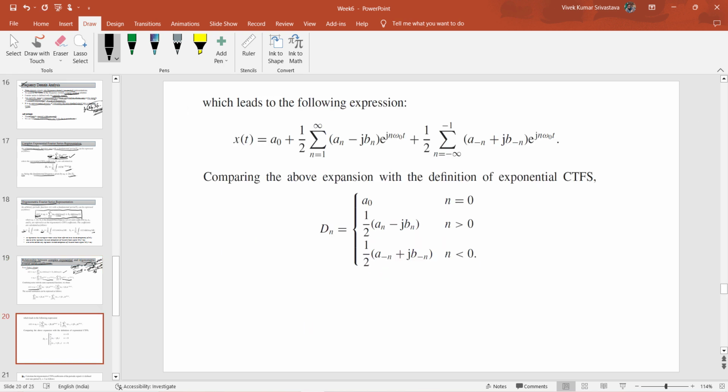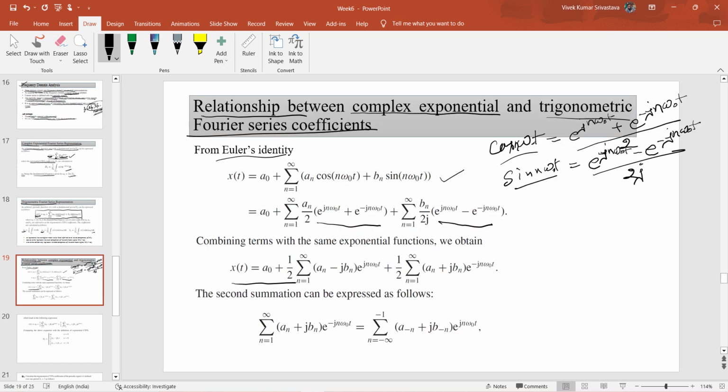Okay, so now from the complex exponential Fourier series representation, as we know, x of t can also be written as summation n is equal to minus infinity to infinity d of n e raised to the power j n omega naught t.